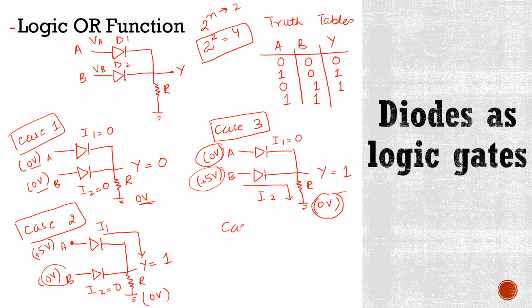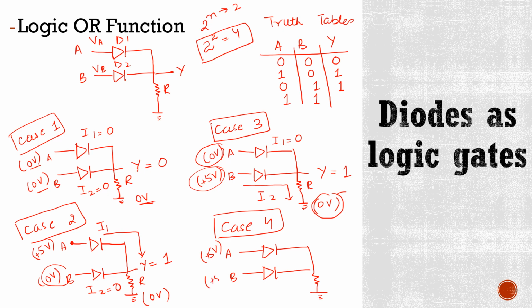Now look at case 4. In this case, both terminals, that is terminal A and B, they are on. It means potential is applied to both of these terminals.